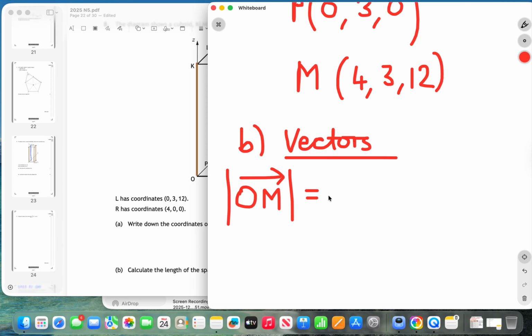And then what we want to do is we're going to use position vectors. So we'll do the position vector of M minus the position vector of O. We'll use the small letters with the underline for the position vectors. Now to write the position vector of small m, you write it as a column instead of a row.